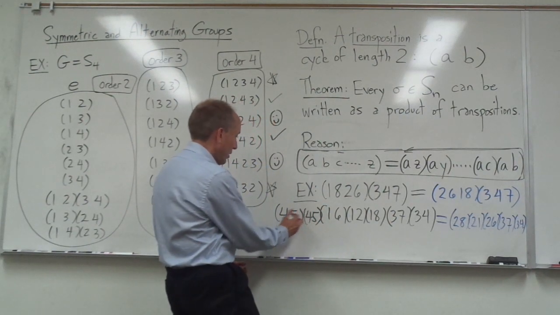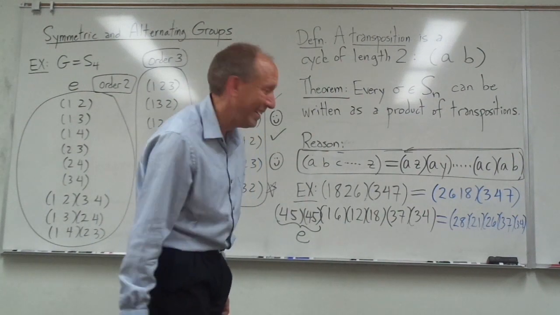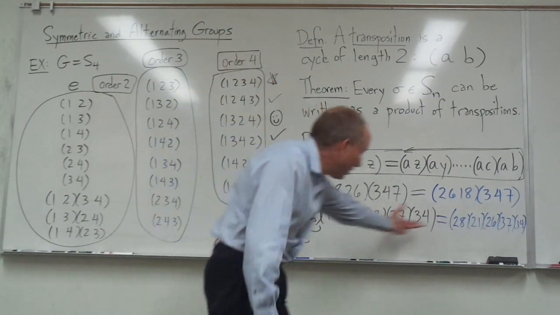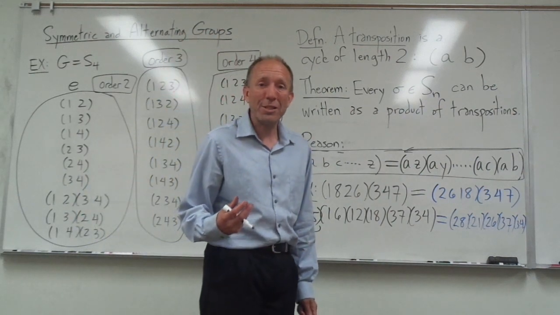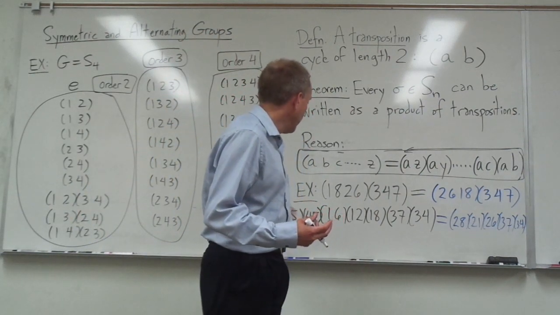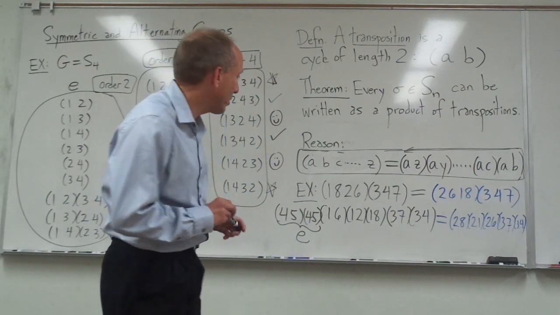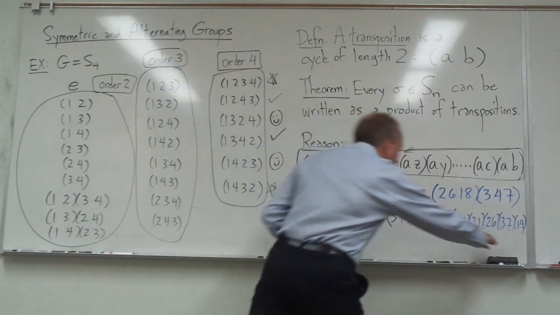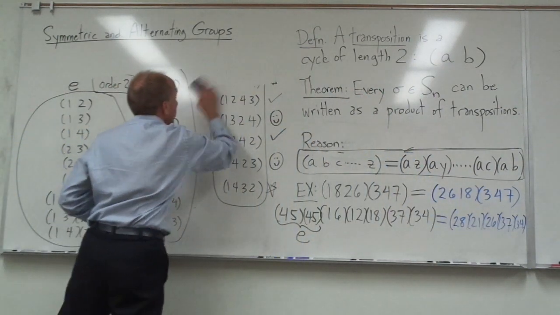This is just an element of order 2, so I really just multiplied by e, right? And this is still a representation of the same sigma as a product of, well, now 2 additional transpositions. Okay, so there's no uniqueness to this. I'm going to go ahead and erase my S4 here for now.